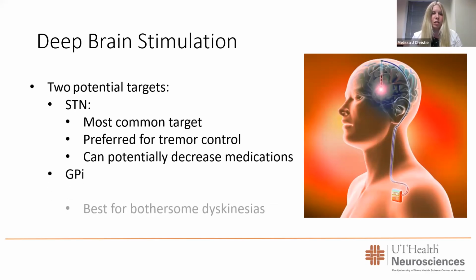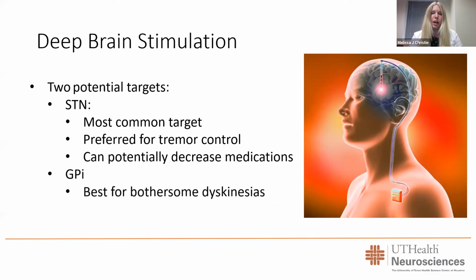And then there's also globus pallidus interna, which is best for patients who have a lot of those wiggle movements, even with a low dose of carbidopa levodopa, and also is less likely to cause any memory issues, although both are thought to be safe from that standpoint. But it just depends on your neurologist and your neurosurgeon if they're going to factor cognition into their target or not. By and large, most of our patients are getting STN unless there are specific reasons to do the other target.